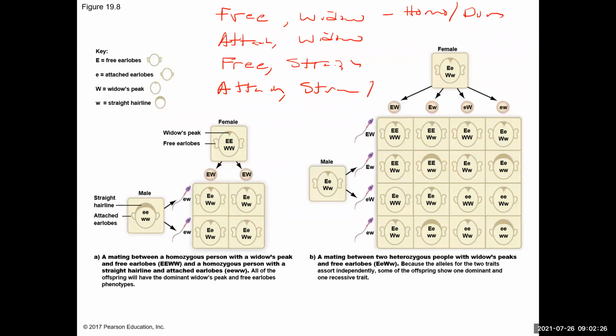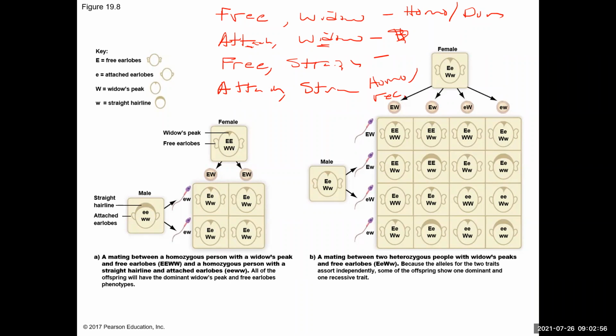This is homozygous. Let me erase this, make it clear. Chicken scratch, sorry. This is homozygous recessive, and then the others, depending on which one, are going to be various versions, right? Some are going to be homozygous recessive, whereas others will have some dominant forms.